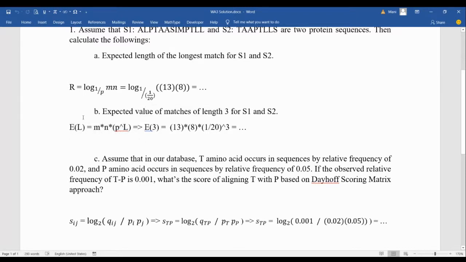So EL means the expected value of length 3. And this is the formula. M multiply N, the sizes of strings, and P power L, the same probability that we talked about, power the length that we are looking for. So take a look at this one. I used notations like asterisk and hat like a power.